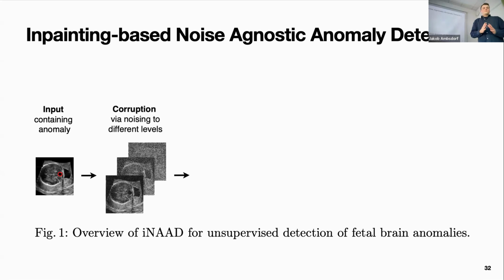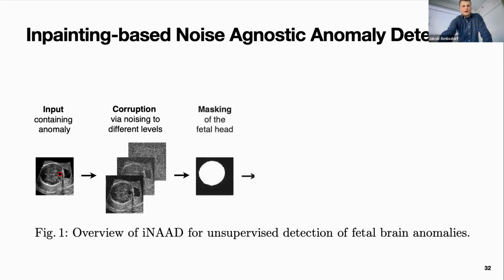We corrupt the image, and we do that not only once, but to different degrees. We corrupt it a little bit, and a little bit more, and a lot. So we have these three images corrupted to different degrees, and that's a hyperparameter, of course. You can do that however you would like. We also use a segmentation model to mask out the fetal head so that we only apply this noise to the head region.